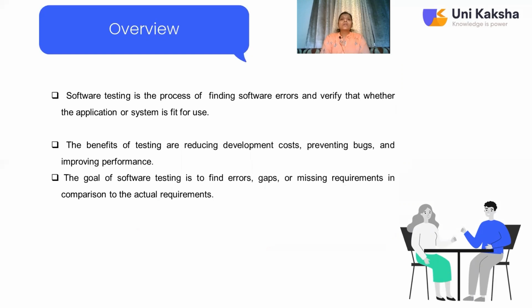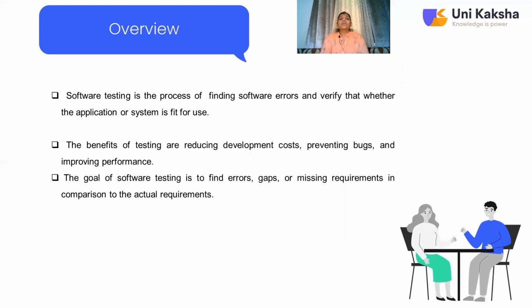So software testing provides lots of benefits to the user, such as reducing development costs. Then it is going to find out the bugs. If the bugs are found at an earlier stage, then it will easily save your money and time to fix that particular error or bug, and automatically it improves the overall performance as well.